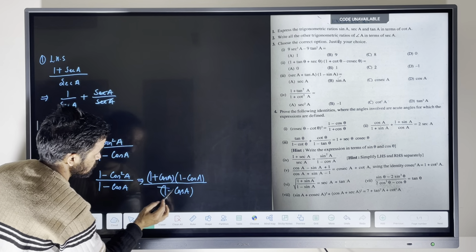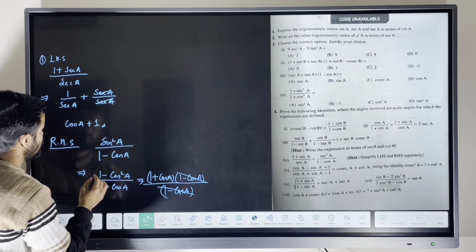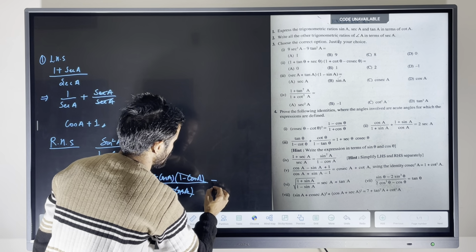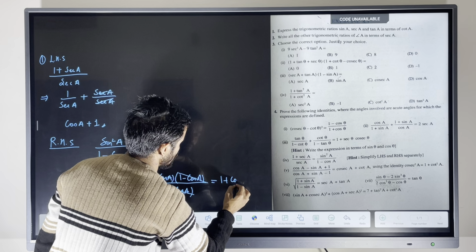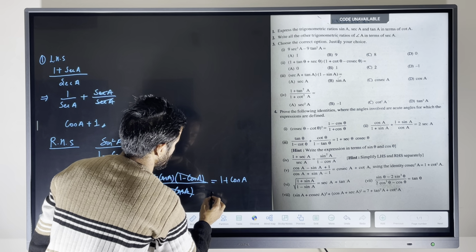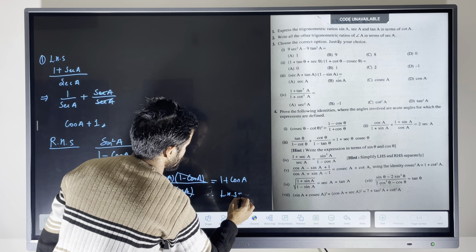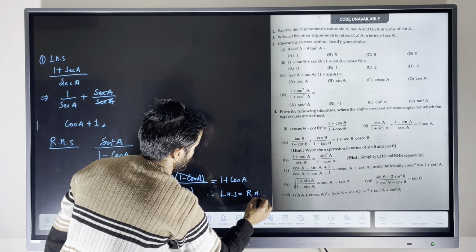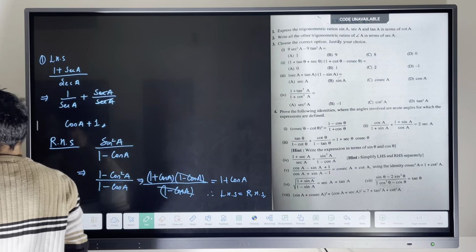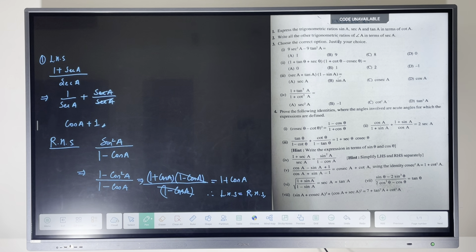So this 1 minus cos a will cancel out 1 minus cos a, and we are left with 1 plus cos a. So therefore we can say left hand side is equal to right hand side, because we have solved left hand side and right hand side separately and we got the same answer.